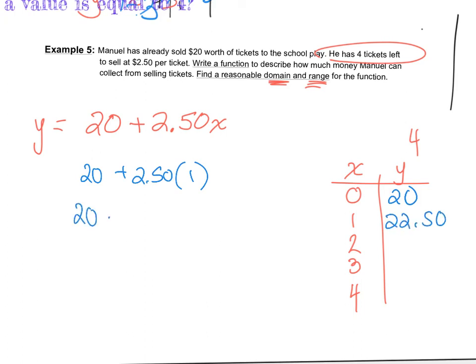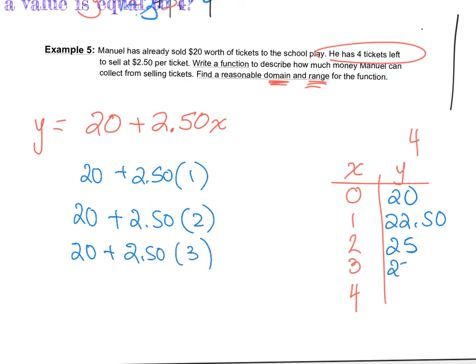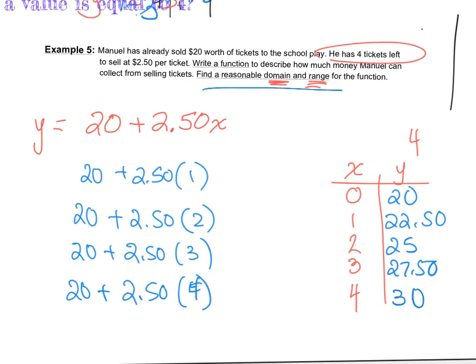If he sold 2 tickets, he's going to make $25. If he sold 3 tickets, $27.50. And if he sold 4 tickets, it would be $30.